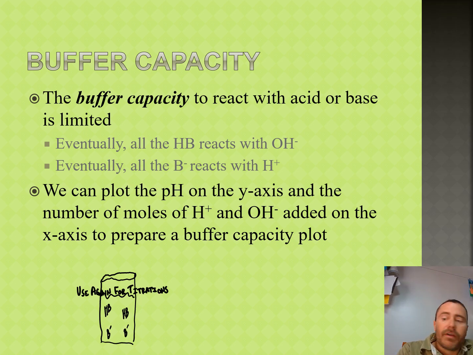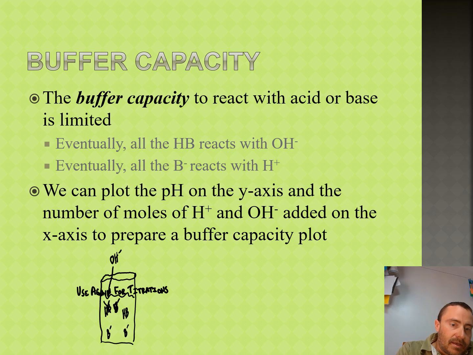What if I added in, say, some strong base? Well, remember that that strong base is going to react with our weak acid and turn it into a conjugate base.